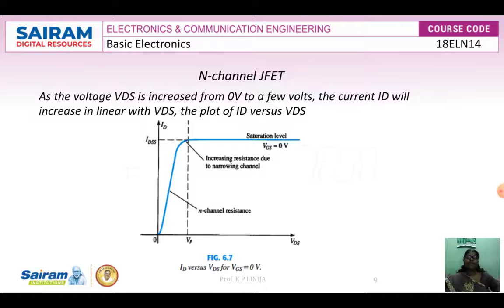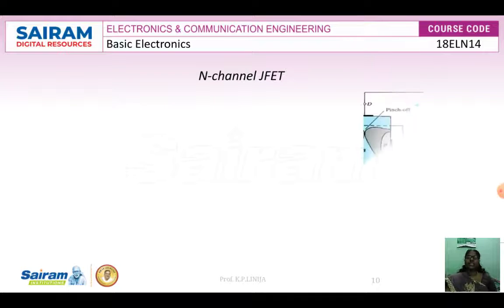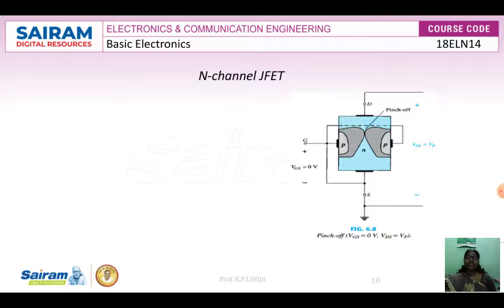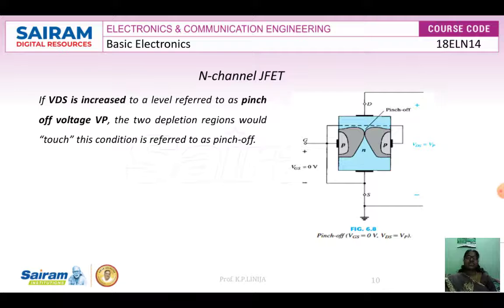Then, let us discuss the second condition, where VGS is not 0 and VDS is increasing to some positive value. Here we apply some negative bias voltage to the gate, which causes the device to get saturated.